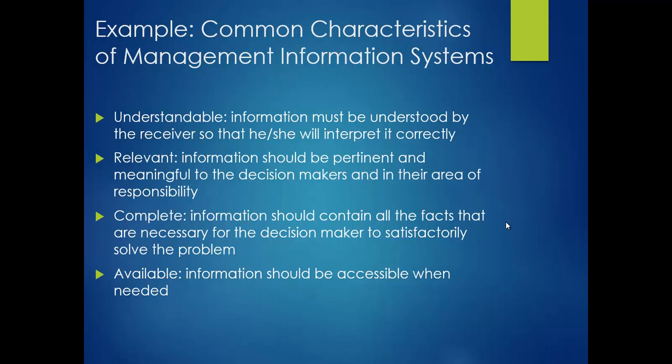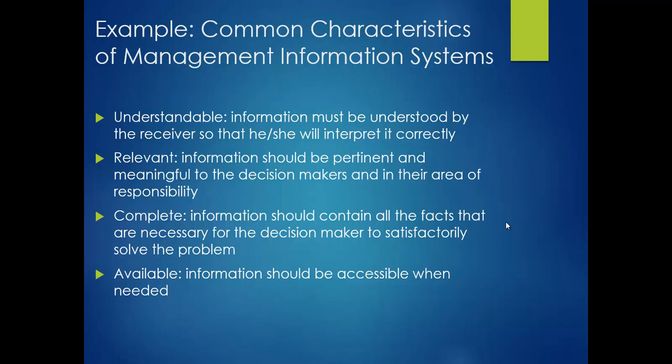To understand that from our point of view, which is information systems and information technology, what are the common characteristics of a management information system? In this slide, you can see an example of that, and we can see that first of all, we need a system that is understandable. So information must be understood by the receiver so that he or she will interpret it correctly.